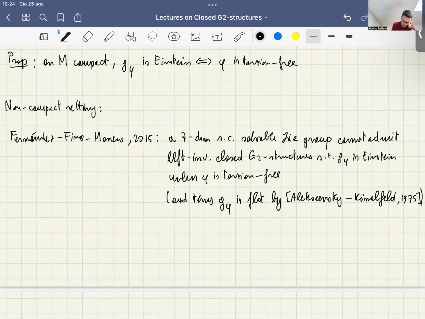An open problem related to this property of the metric of being Einstein is the following.